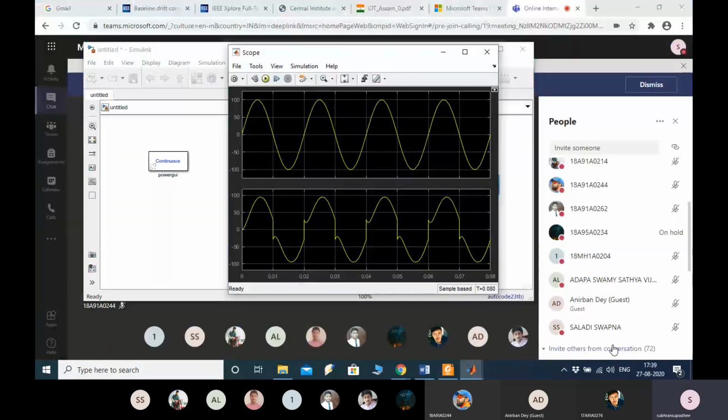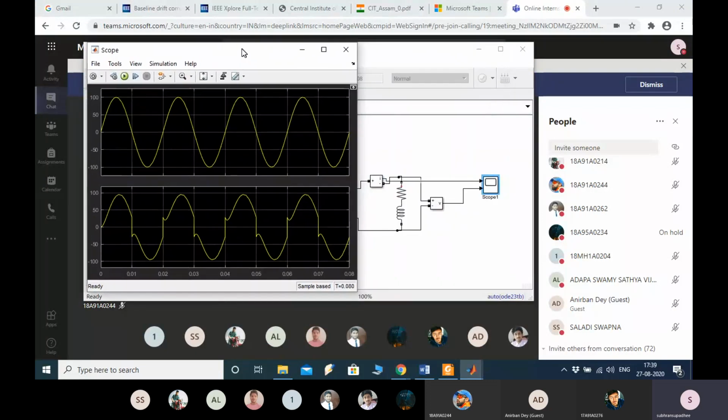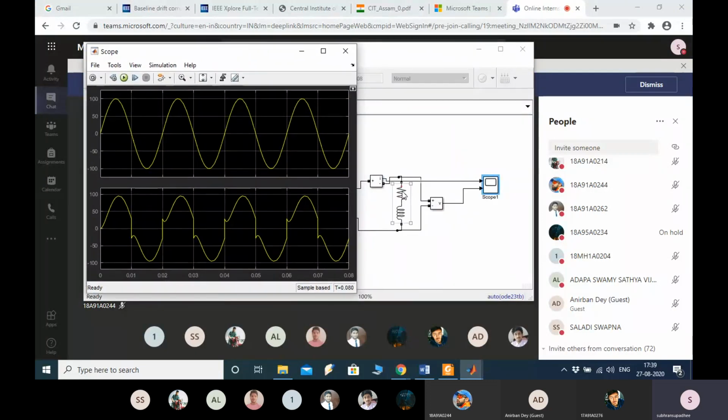So this is a bridge rectifier. Last time, and in the previous class, we put a DC motor over here and analyzed it.